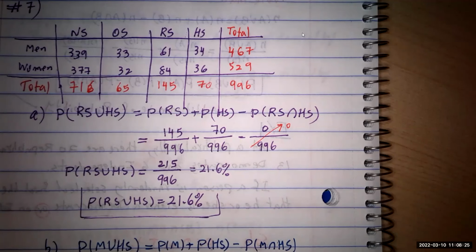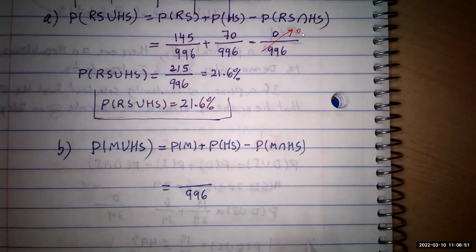You see, for the men, 467. 467 is correct. You see the men? You have 339 non-smoker, occasional, regular, heavy. So the total is 467. That's why I ask you to write the totals. The total men is going to be 467.